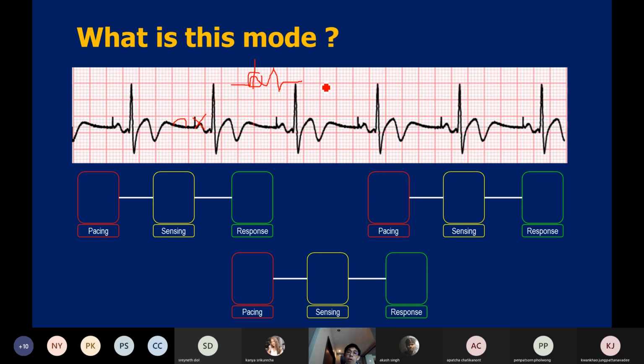So for example, if there is some really fast atrial tachycardia, and we program the pacemaker to trigger when it sees a fast rate of P waves, if the pacemaker sees this P wave, it would trigger the pace and try to terminate this arrhythmia.